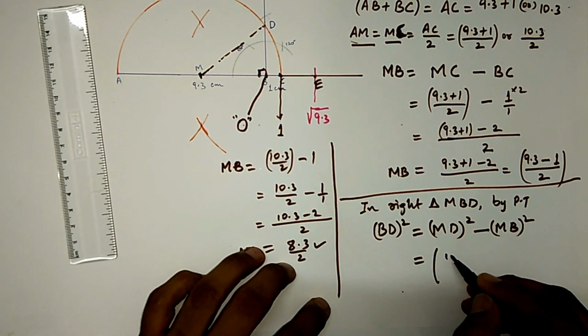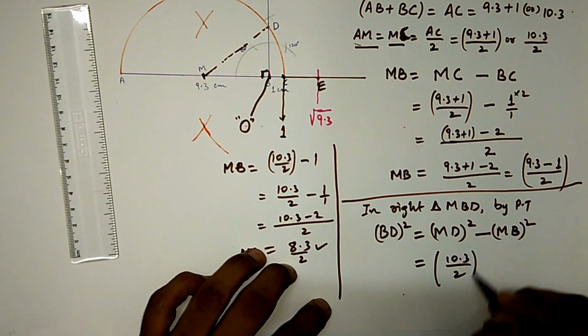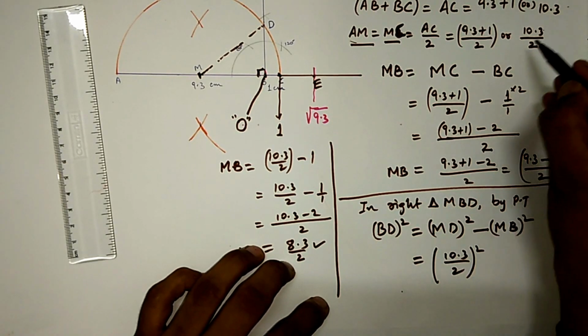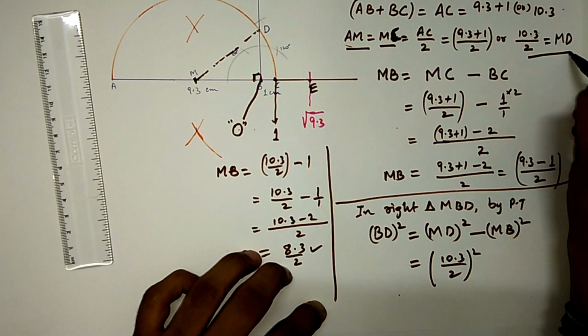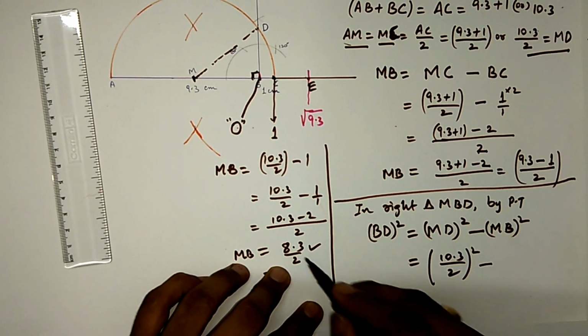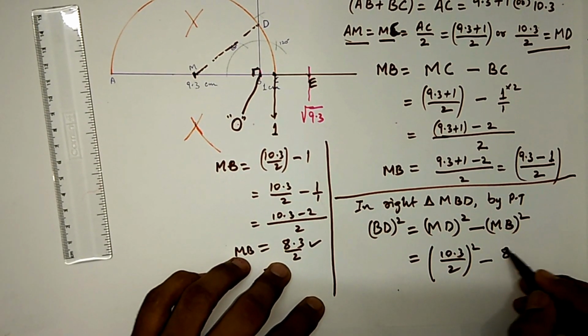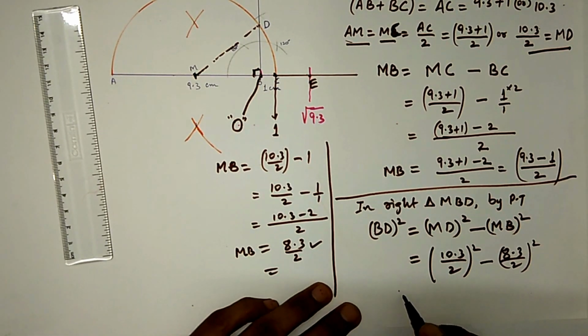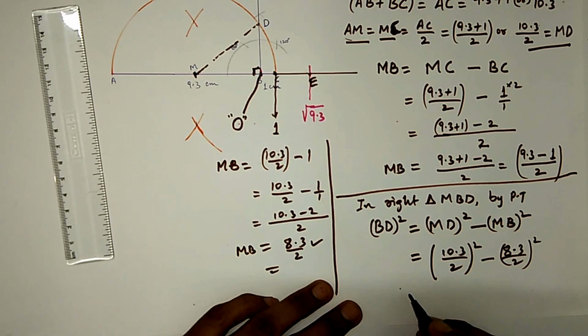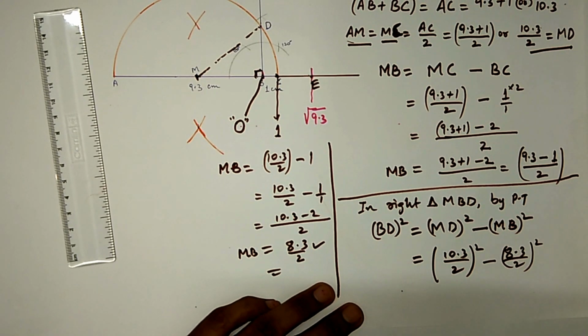So, this is 10.3 by 2 square, because it is also MD length. Okay. And minus MB, that is 8.3 by 2 square. Now, how to simplify this one? Let us do it in our next continuation.